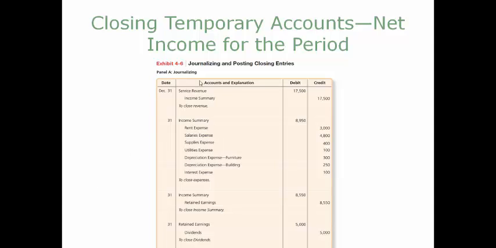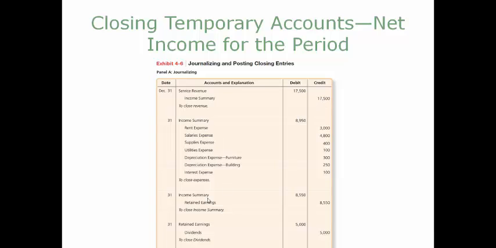Now, be careful. If service revenue is less than the expenses, let's say this was $4,000 and this was $8,950, you would have a reversal entry here. Because if you drew this in a T account and credited income summary only for, say, $4,000, your expenses exceeded revenues, that means you had a loss.